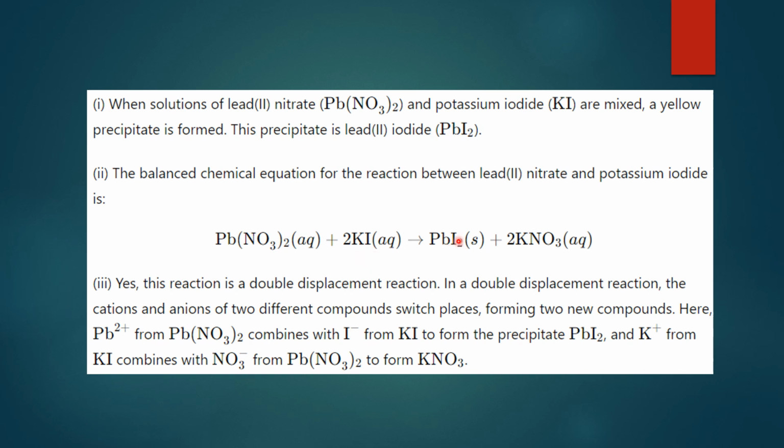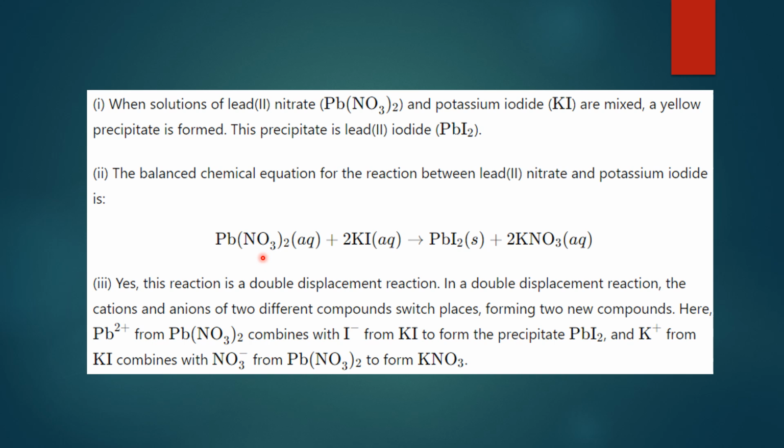It gives PbI2, this precipitate, lead iodide, and KNO3. Fine. So in this reaction, you can see Pb is displacing K and K is displacing Pb. Right? That's why Pb reacts with I and K reacts with NO3.